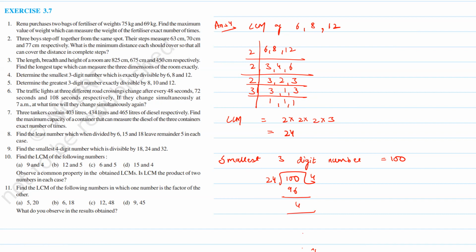So the smallest 3-digit number will be 100 minus 4 plus 24, which will be 96 plus 24, which will be 120. This is what we do: number minus remainder plus LCM. This is the formula.